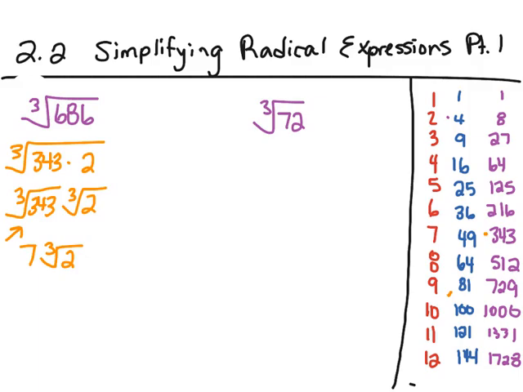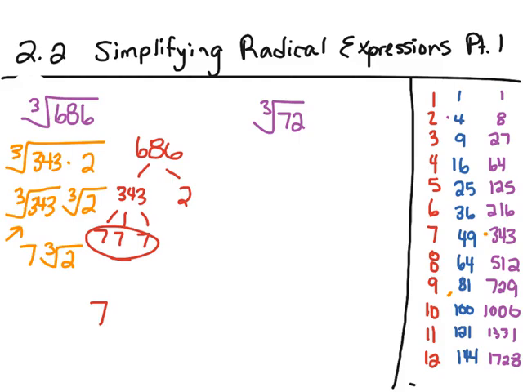If you did this as a number tree, you could go 686, 343, and 2. 7 times 7 times 7 is 343. So we have 3 7s, so they come out, and 1 2, so it's left underneath.